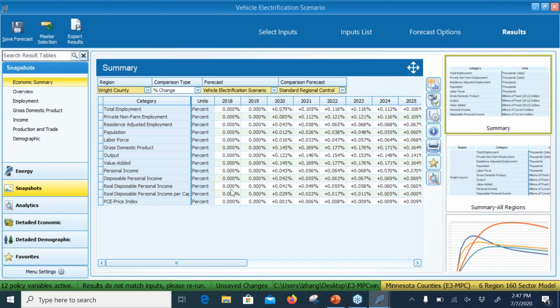One avenue for this is that there's less fossil fuel pollution and more electric vehicles, which increases the attractiveness of that area to live. That's one economic channel through which we draw population, companies, and workers to the area, and that improves the economic standing of the area.